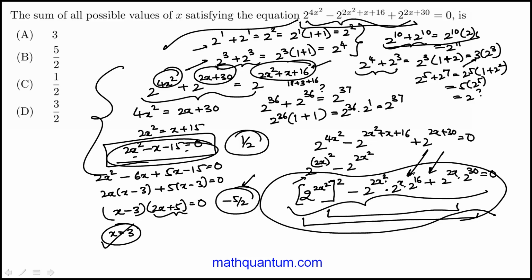Maybe under some other circumstances, I would have abandoned this earlier and gone with either of these two approaches. And that's exactly what you're trying to train yourself when it comes to problem solving, and not stick to any particular method. Of course, you have to try what you're familiar with, but be open to it. So to summarize this question, which is a difficult one, the answer is choice C.